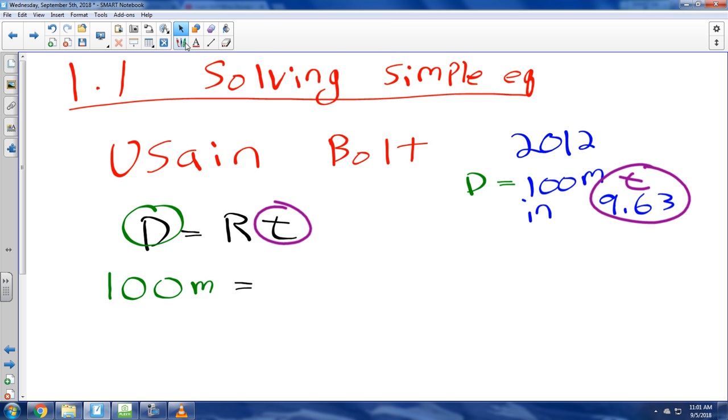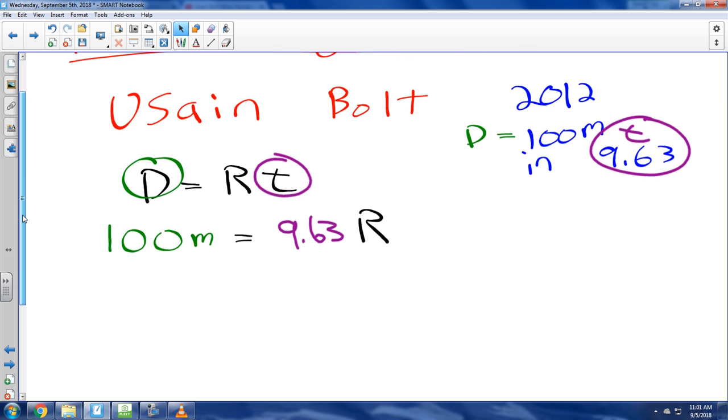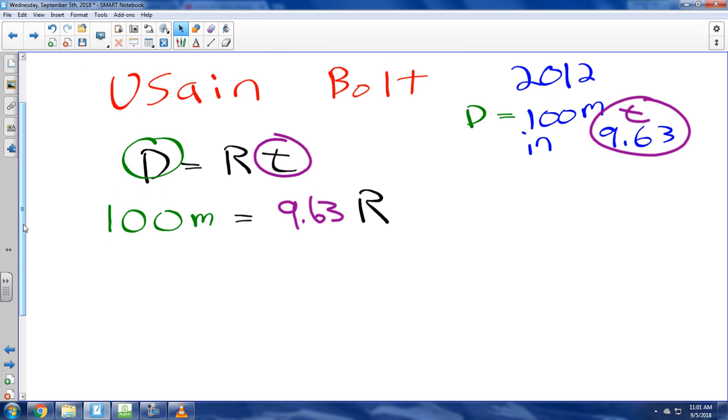So we're going to fill in that his time was 9.63, and we don't know what the rate was, but we want to find out what the rate was. So how will we find out how fast he went? Thoughts? How do we solve that equation? Somebody? It's okay, jump in.